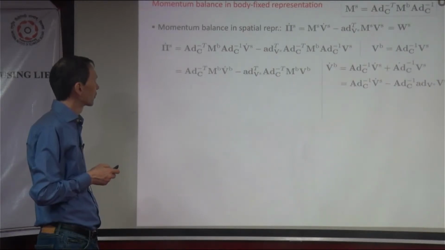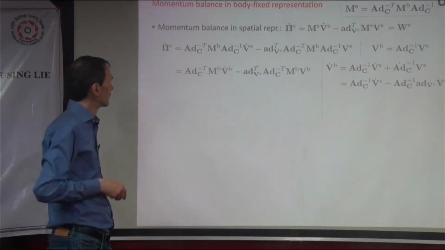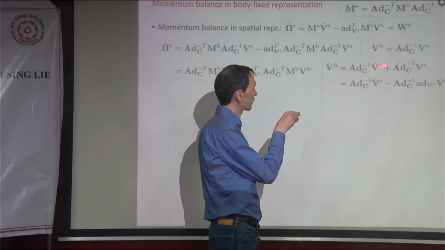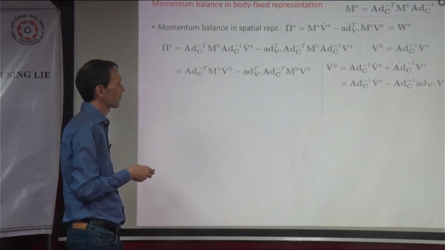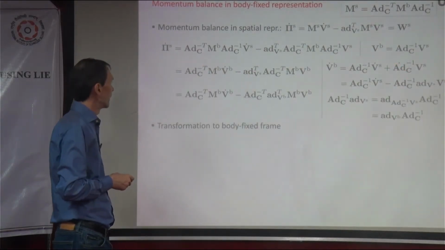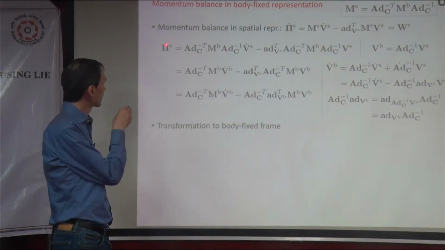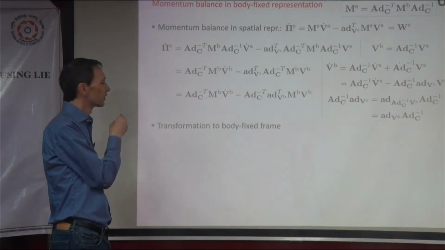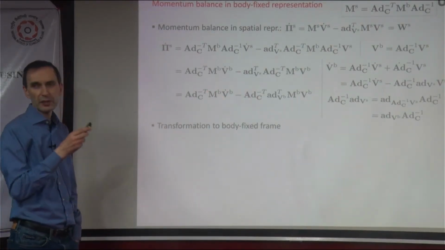And then of course we need Vb dot, so again take the time derivative, and we take again the time derivative of this adjoint matrix, which we had before, and so on. In the end, we get the new form of the spatial momentum in terms of the body fixed twist, which is kind of a mixture.